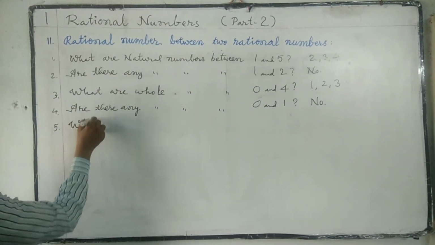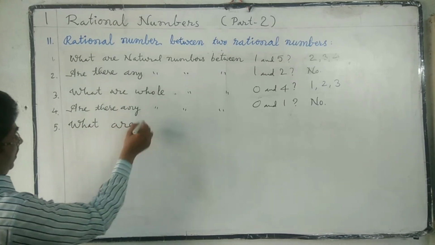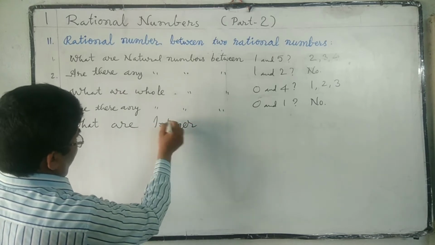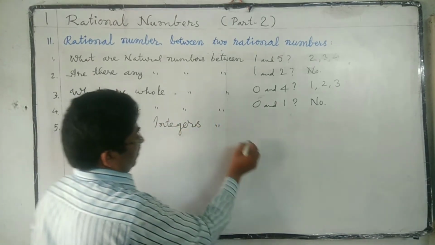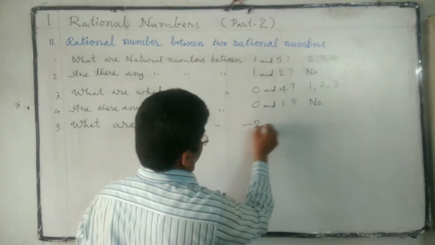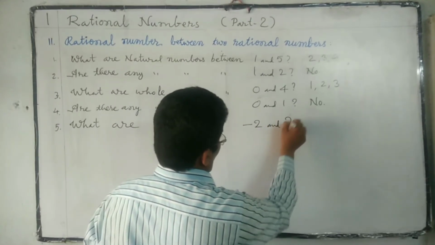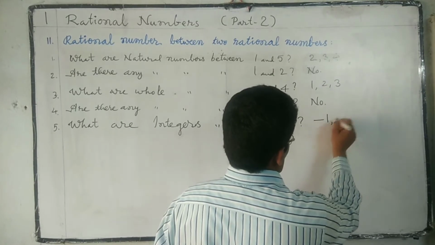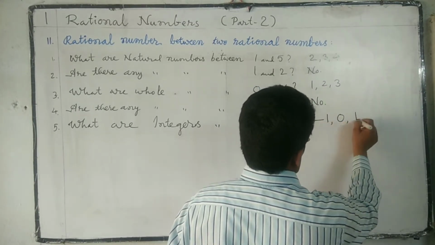What are the integers between -2 and 2? We know -1, 0, 1.